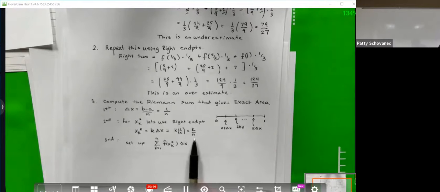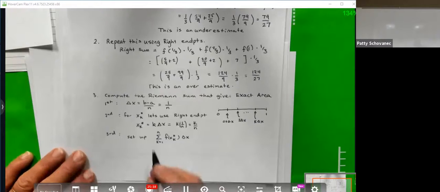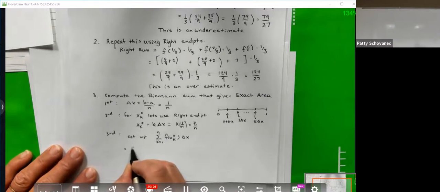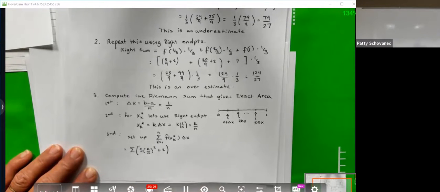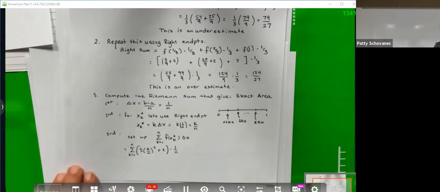So we're going to have 5 times k over n squared, plus 2, times the delta x. Goes here. There's my f of xk star. Delta x was 1 over n. Does that make sense to you? That's where I'm plugging the numbers in.